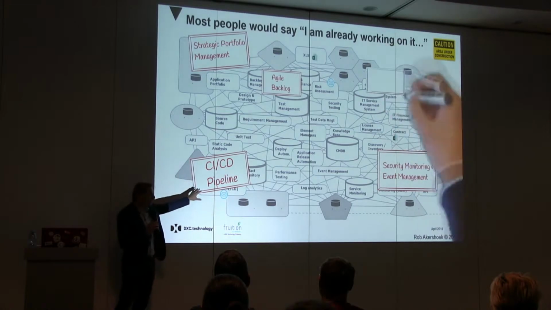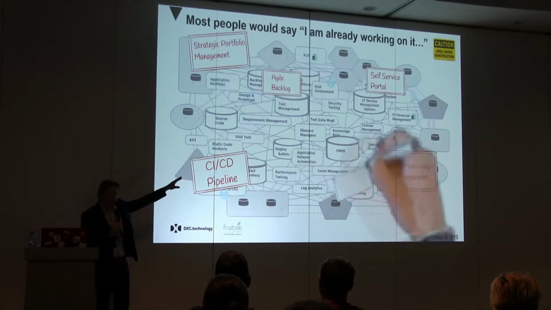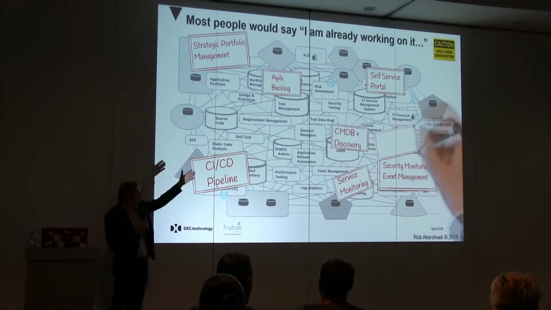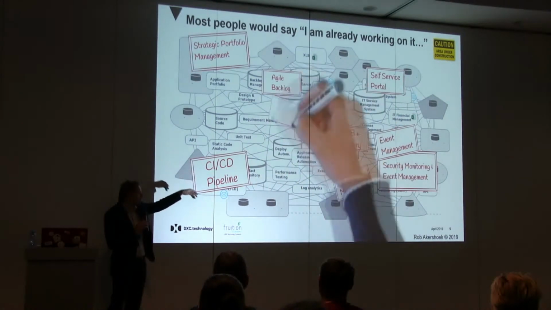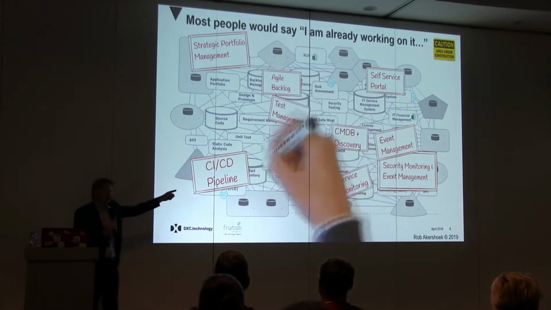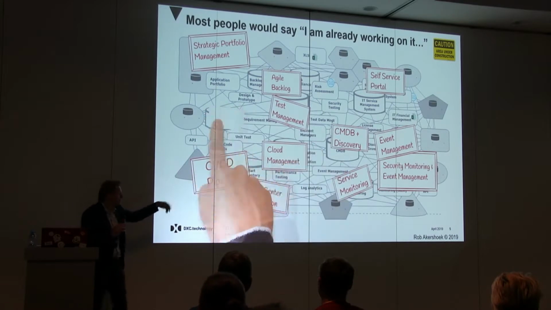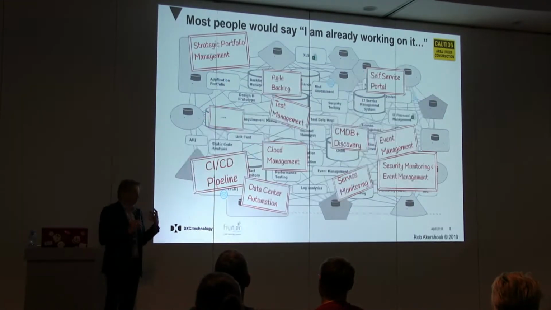So we're working on the CI/CD pipeline, we're working on self-service portals, so the business users can request services, maybe modifying, let's say, requesting access to an infrastructure component. The CMDB, who has a good CMDB, configuration database? Nobody has that, right? It's never up to date, but we still have people believing that we should set up a CMDB with discovery and it will solve everything.